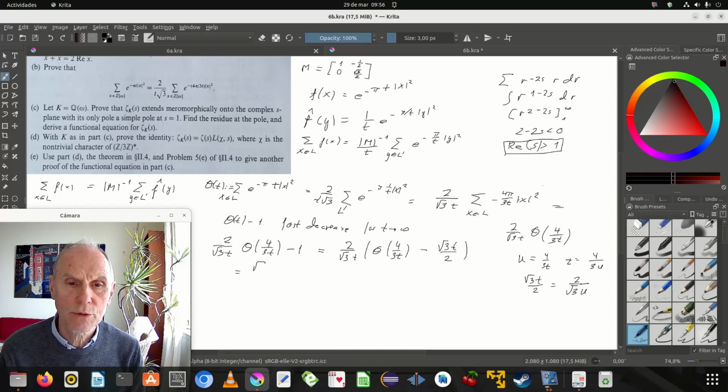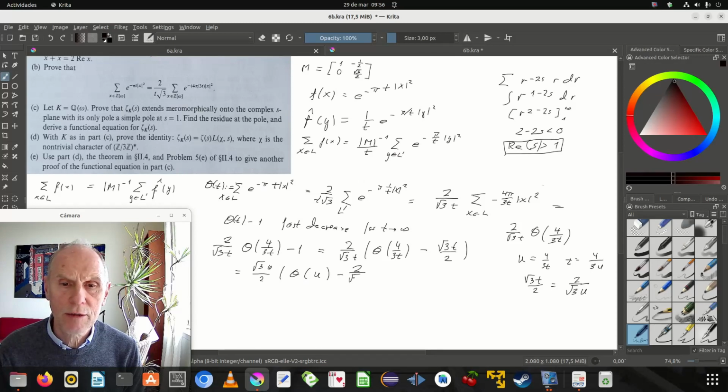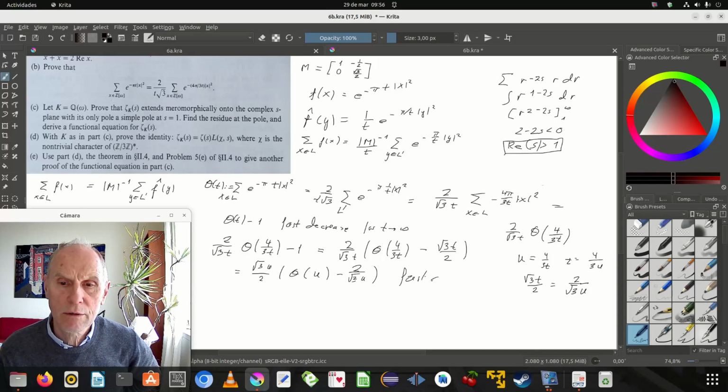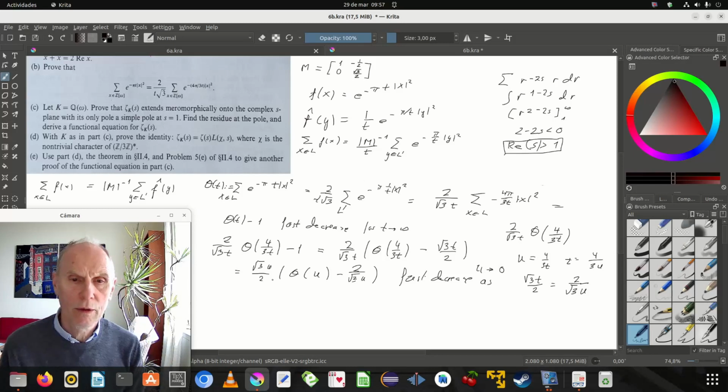So it's just square root 3u halves times theta of u minus 2 divided by square root 3u has fast decrease as u tends to naught, and that means that this guy in itself has fast decrease.